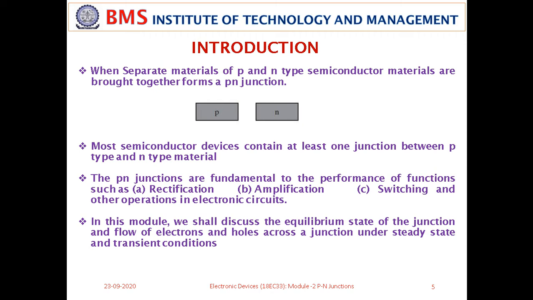You can also perform switching operations using either diode or transistors. So the p-n junction performs rectification, amplification, and switching operations. That's very important if you want to analyze any electronic circuit.